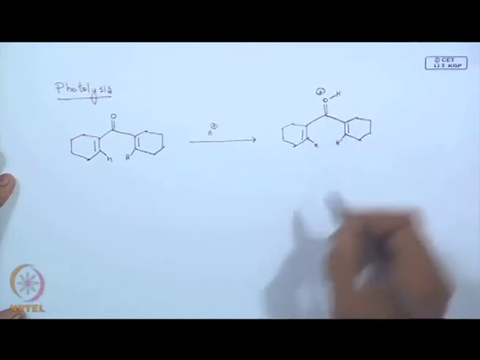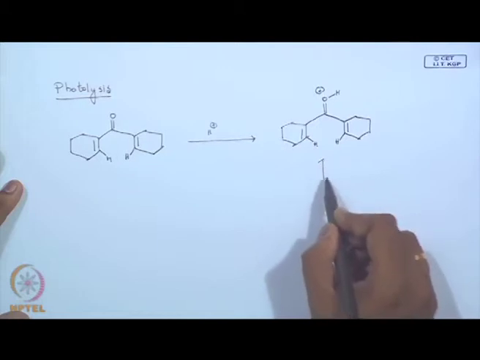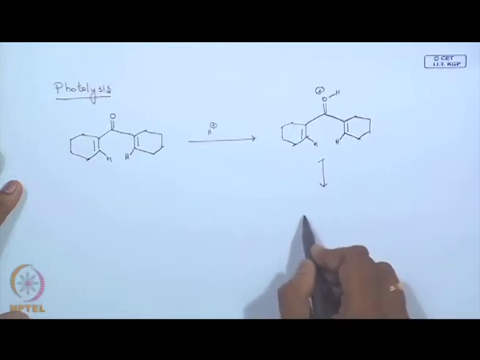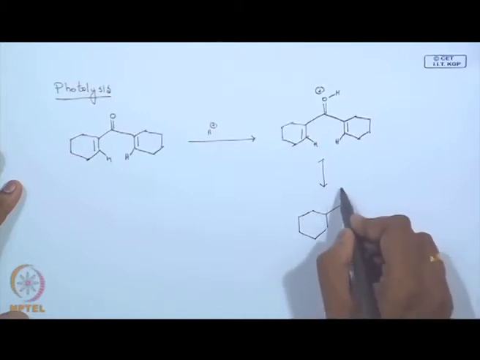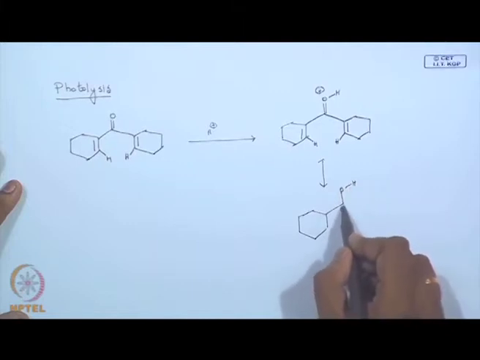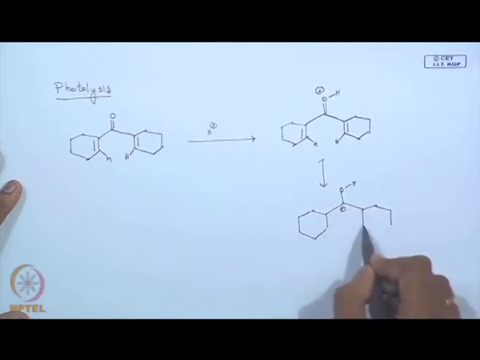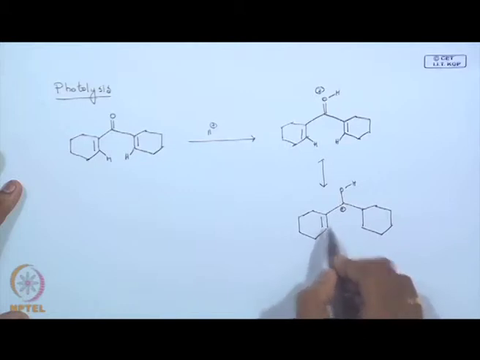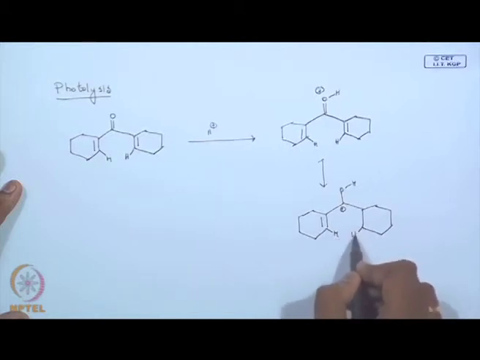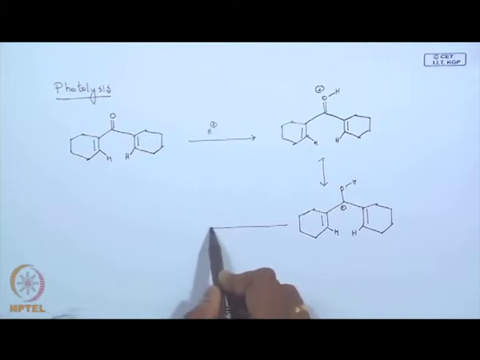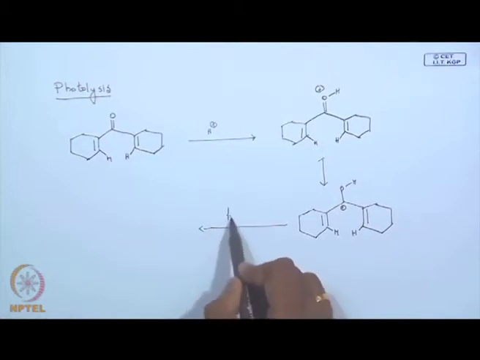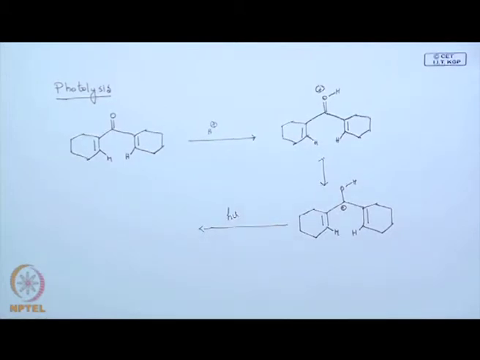Then I can write like this. Clear? Fine. Now, from here it is important again. So, under photolysis, what happens? This is what system?